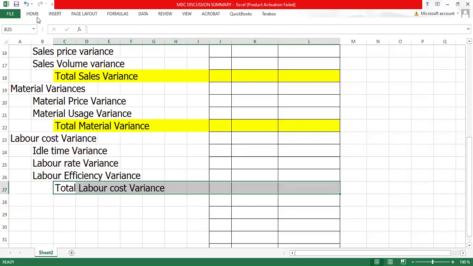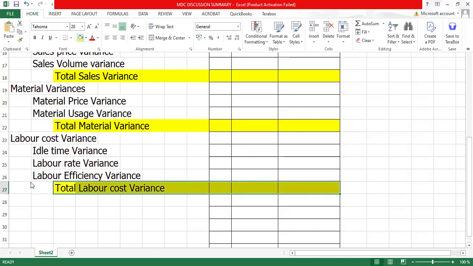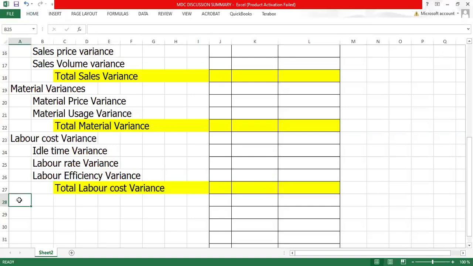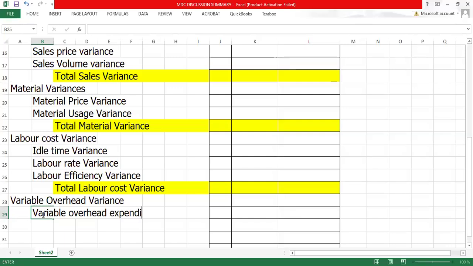And of course, you need also to go ahead and look at the variable overhead variance. And with this one, you look at the variable overhead expenditure variance.